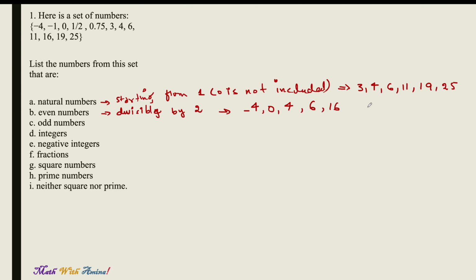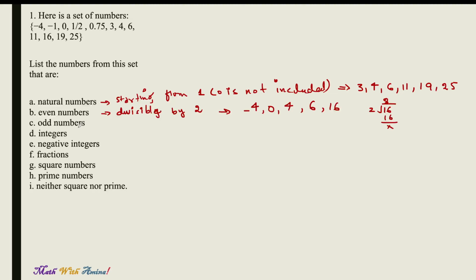I will give an example. If we have 2 and we want to get 16, 2 into 8 is equal to 16. It is completely divisible. We can take other values as well, and they will be divisible by 2.